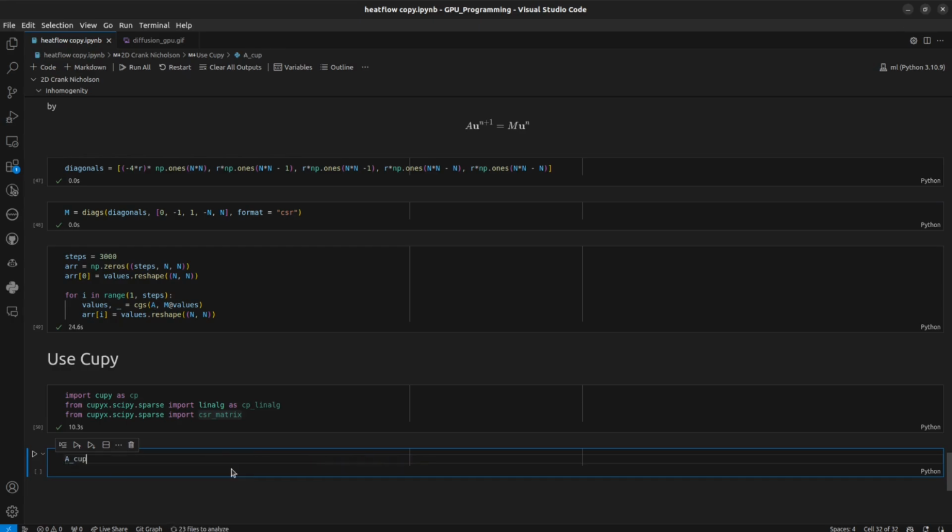And then it's going to be really easy. We just copy the values from our initial sparse matrix and create a sparse matrix on our GPU.